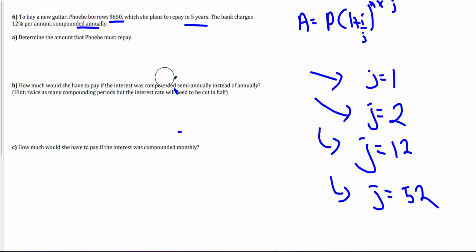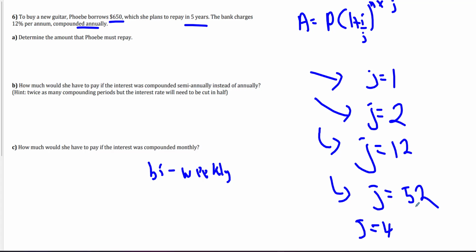And there's a few others which I can quickly go over. Sometimes they can say compounded quarterly, and quarterly is just 4. That's kind of common sense. 4 times a year, so J is equal to 4 if it says quarterly. And the only other one that I think is pretty common sense is bi-weekly, which means every 2 weeks.